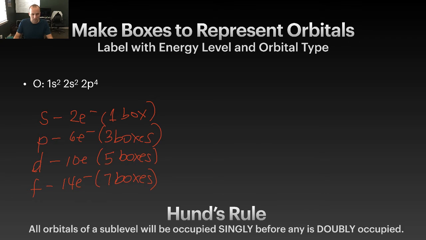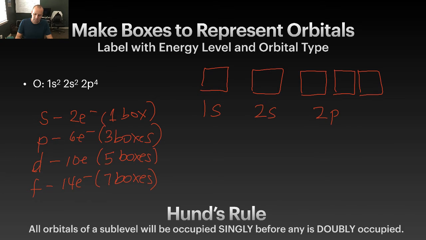So back to oxygen. Oxygen we said is 1s2, so for 1s we're going to draw 1 box because we need space for 2 electrons. For 2s we're going to draw 1 box because we need space for 2 electrons. But for 2p we need the space for 6 electrons, so I'm going to draw 3 boxes. Okay, three spaces available to hold electrons.